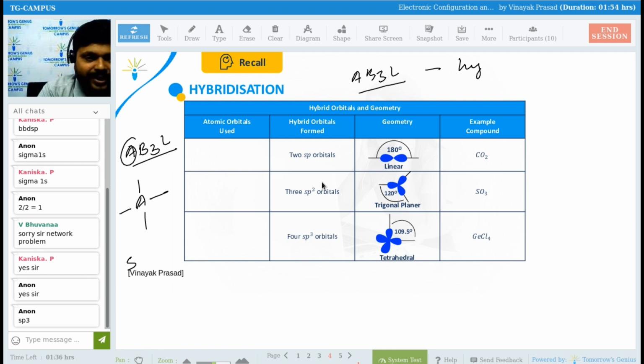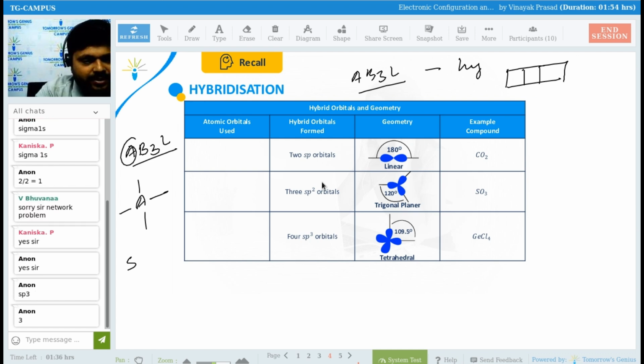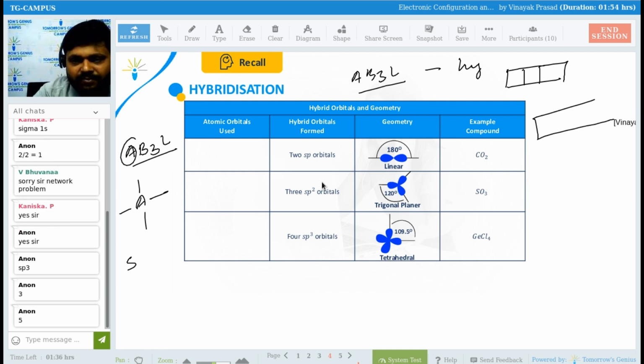Now, 1s, you are knowing that 1s can be there, and in p, how many orbitals are there? 3 orbitals are there in p. And in D, there are 5 orbitals.